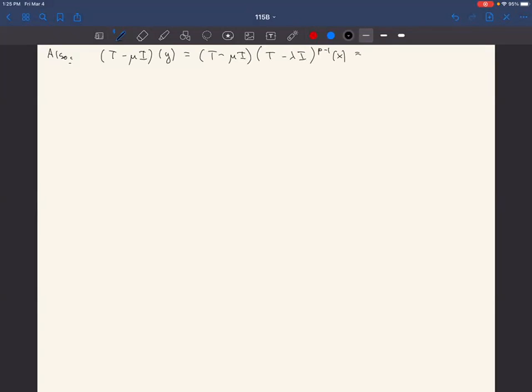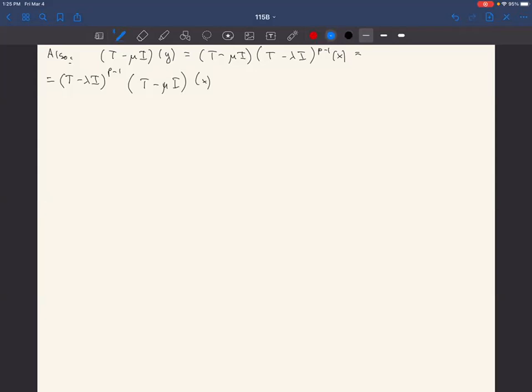But this again commutes, because T commutes with itself and it commutes with the identity operator. So if we open the brackets and change the order, we get that this is the same as (T minus lambda I) to the power p minus 1 composed with T minus mu I applied to x.